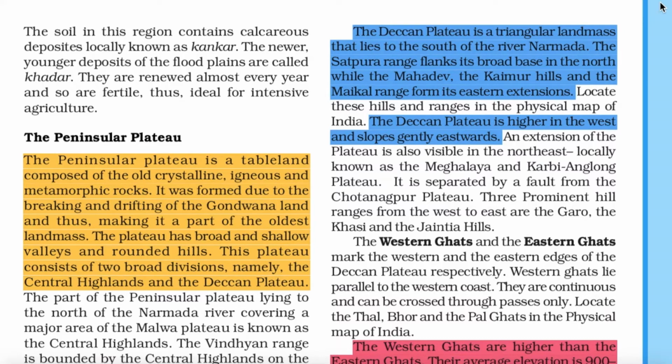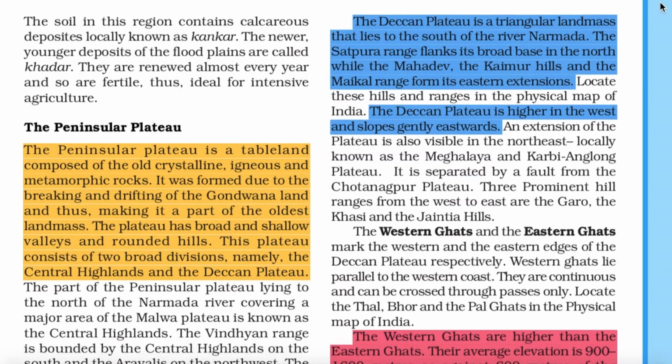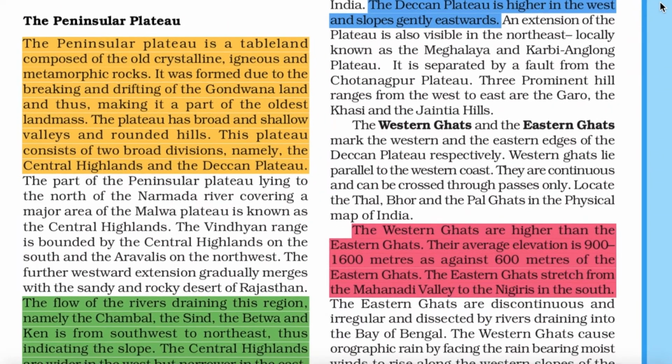The Peninsular Plateau. The Peninsular Plateau is a tableland composed of the old crystalline, igneous and metamorphic rocks. It was formed due to the breaking and drifting of the Gondwana land and thus making it a part of the oldest landmass.